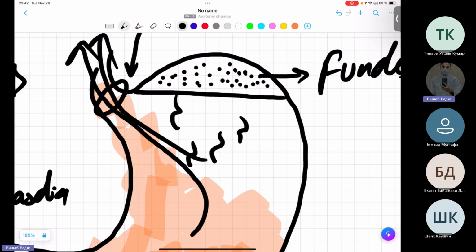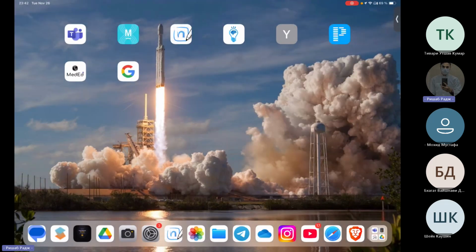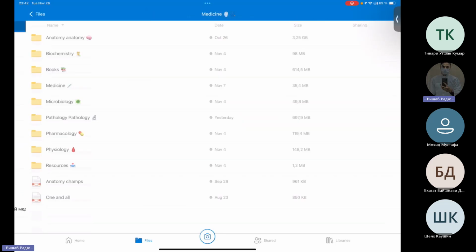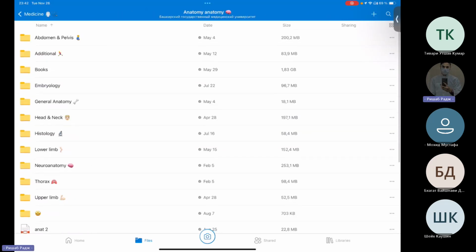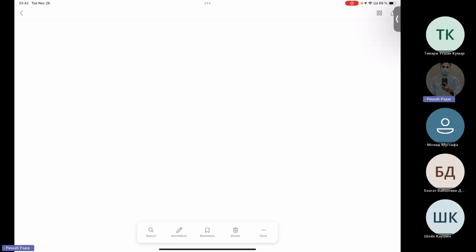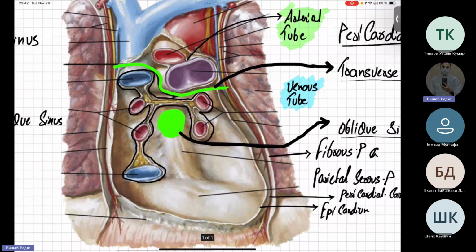Where will you feel the sensation of burning? Do you know? Apex. In the heart region. Because when I taught you heart, this is why I taught the thorax in the beginning. When I was teaching you about the sinuses, do you see this?